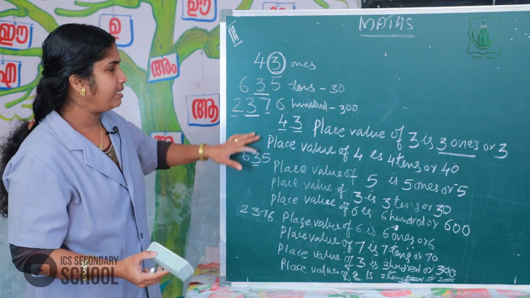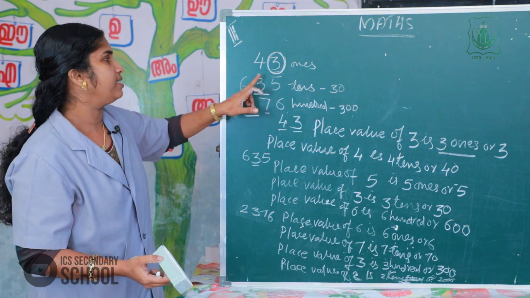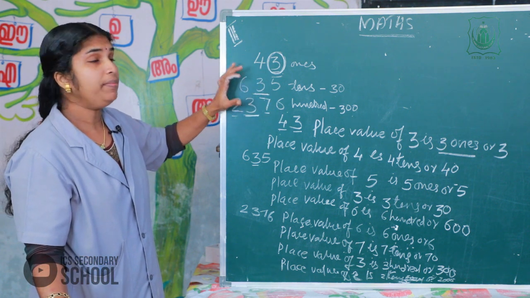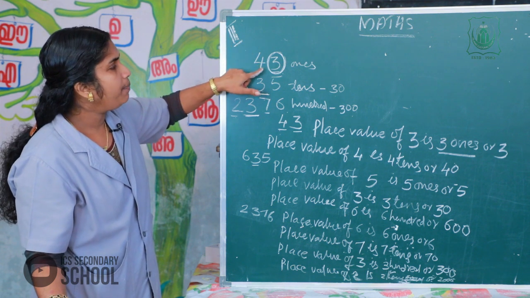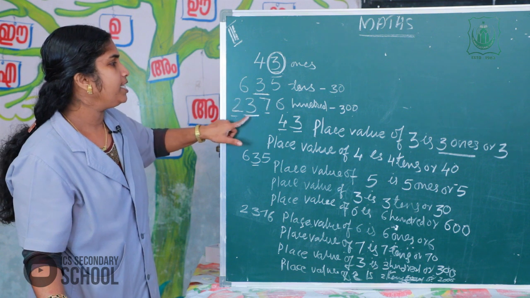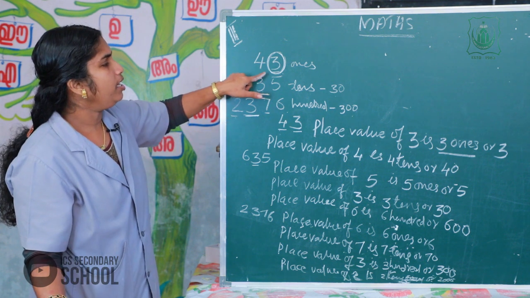The place value of 3 changes or varies from number to number.